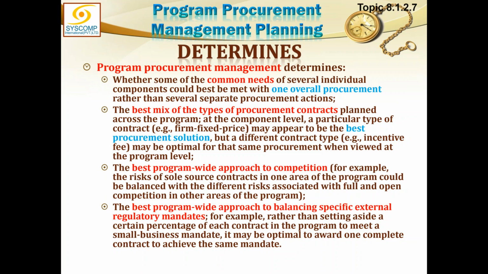Last point here is best program-wide approach to balancing specific external regulatory mandates. For example, rather than setting aside a certain percentage of each contract in the program to meet a small business mandate, it may be optimal to award one complete contract to achieve the same mandate.